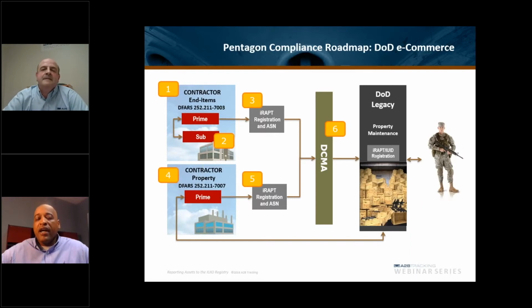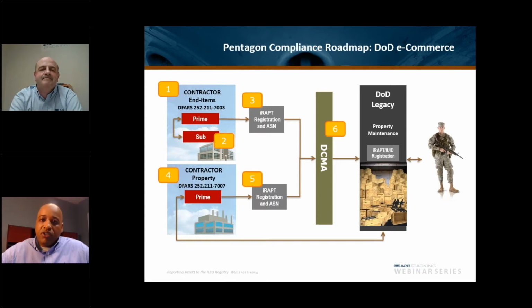And all this needs to be done from an automated perspective through government systems, either by using an 1149 or submitting into the DoD systems, into the IUID registry. That is the repository for all government property.